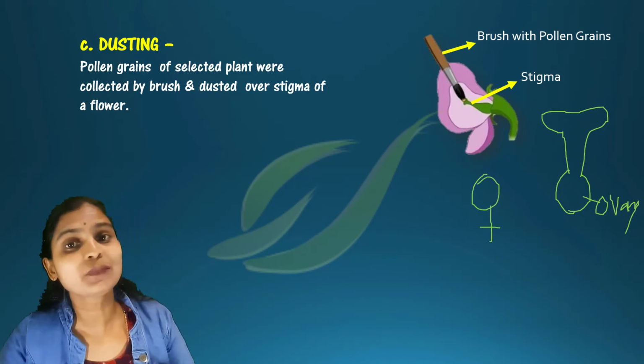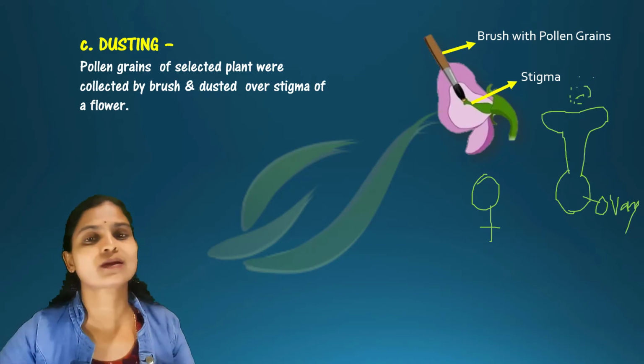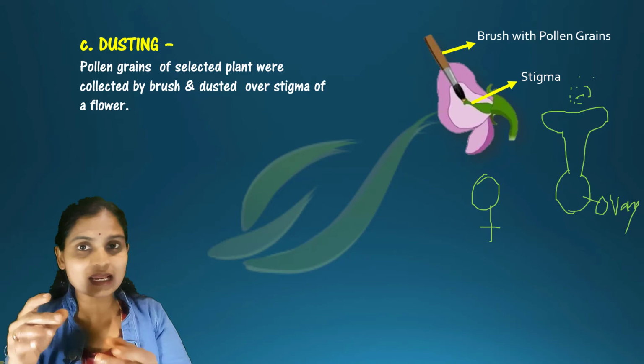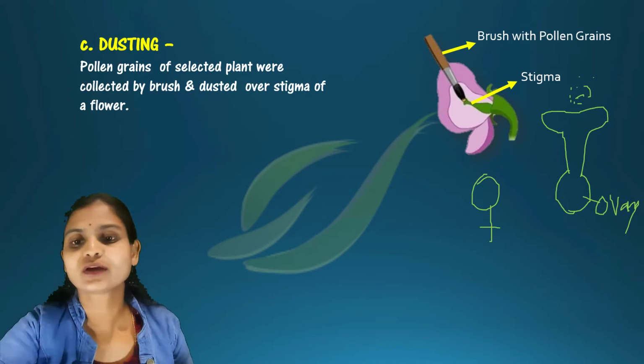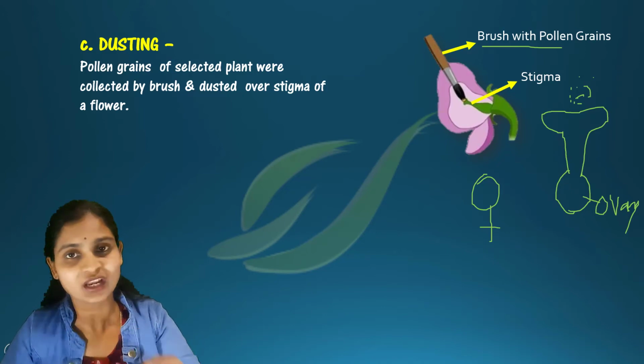From the male plant, the pollen grains are dust-like particles. These pollen grains are collected with the help of a painting brush.